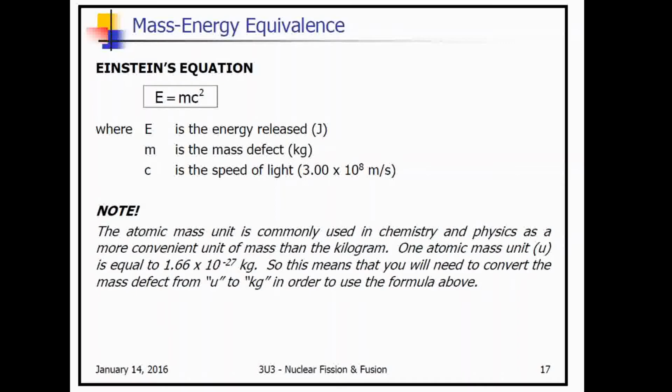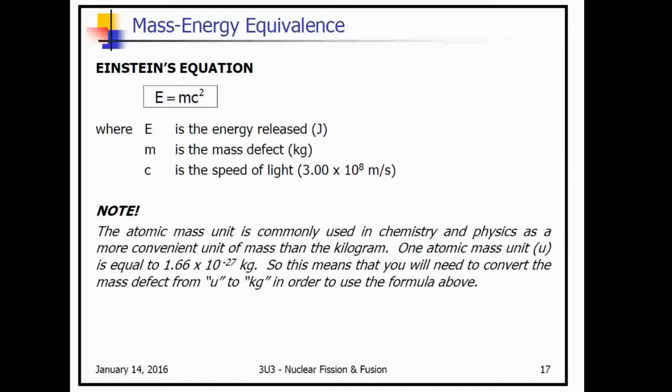It talks about the atomic mass unit. The reason this is important is when you look at your periodic table, you'll often find that the atomic masses given are actually values measured in atomic mass units.